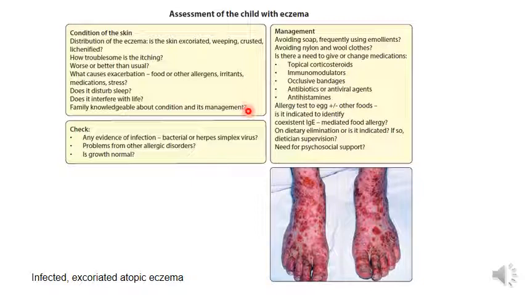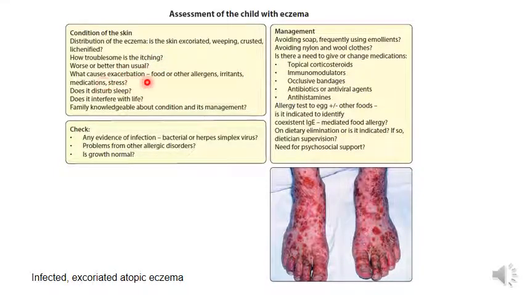So you see here the assessment of a child with eczema, condition of the skin. You look for distribution of the lesion, skin excoriation, weeping, crusting, lichenification, and thickening. How troublesome is the itching, day and night, severe, mild, worse or better than usual?